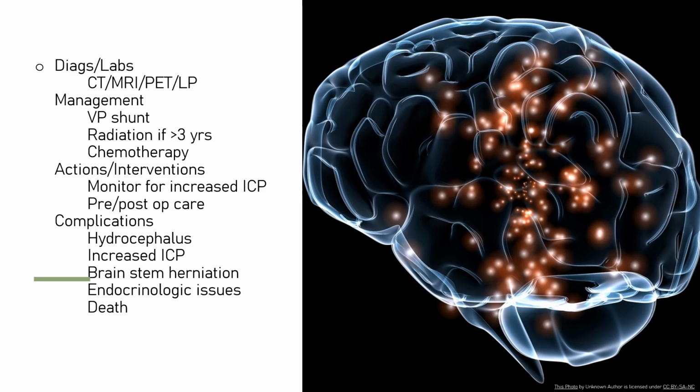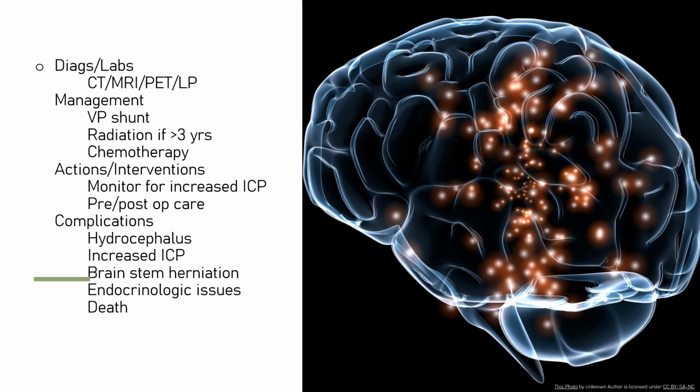The actions and the interventions that the nurse is going to do is to be monitoring for increased intracranial pressure and the symptoms related to that. And we're going to be providing pre and post-op care if they had a VP shunt. We're also going to be monitoring for signs and symptoms of infection and any adverse effects or side effects from radiation or chemotherapy.